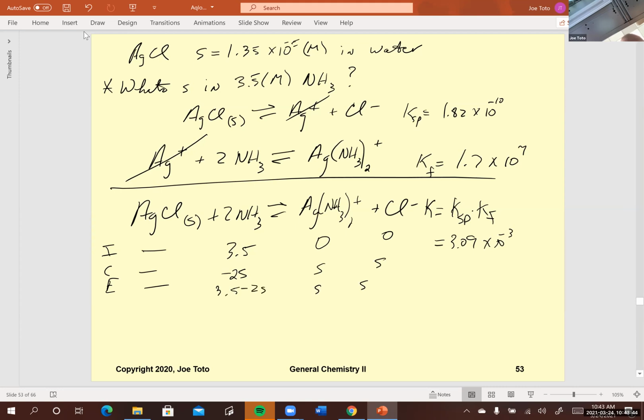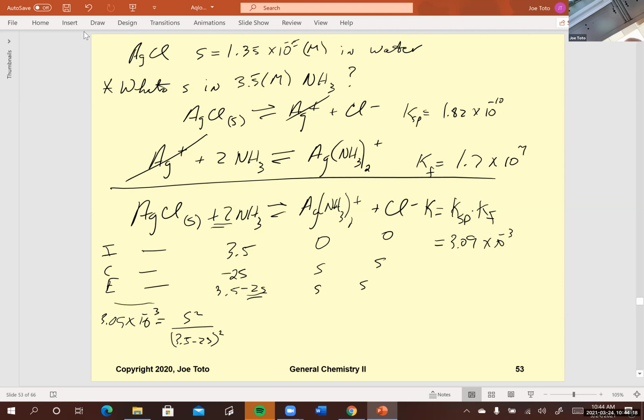So the K, which is 3.09 times 10 to the minus 3, has to equal S squared over 3.5 minus 2s, and this whole thing's got to be squared, right? Because that stoichiometric coefficient comes into play here and in the definition of the equilibrium constant.